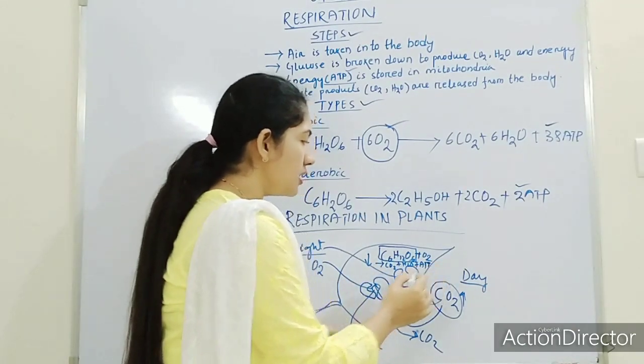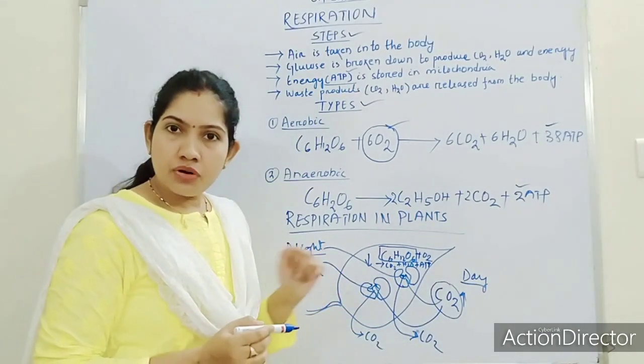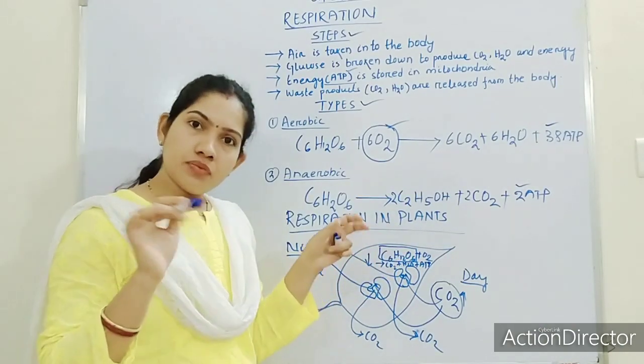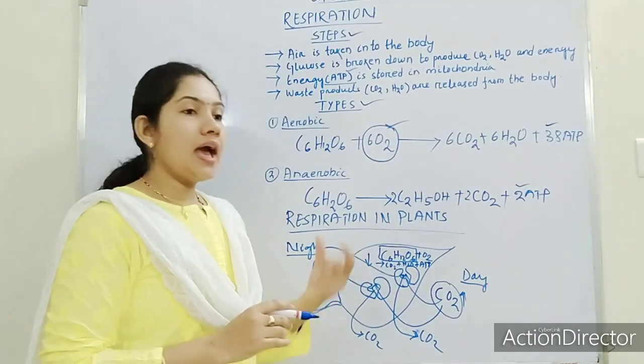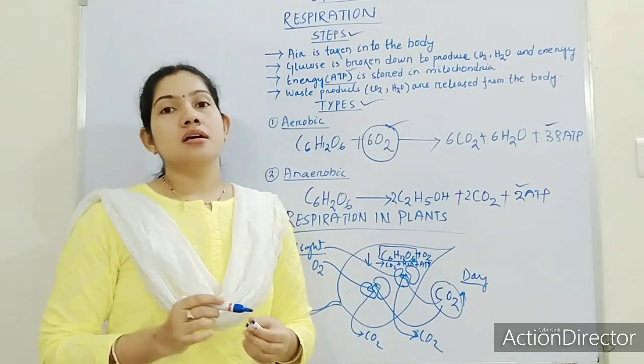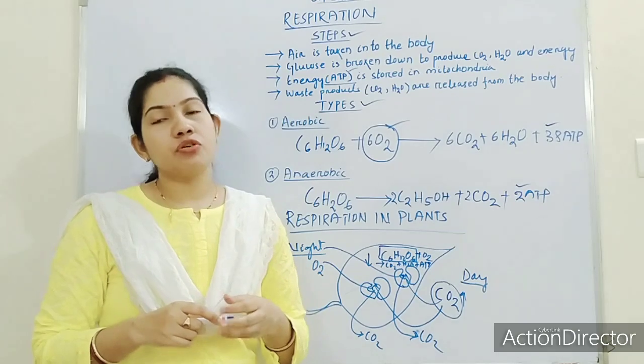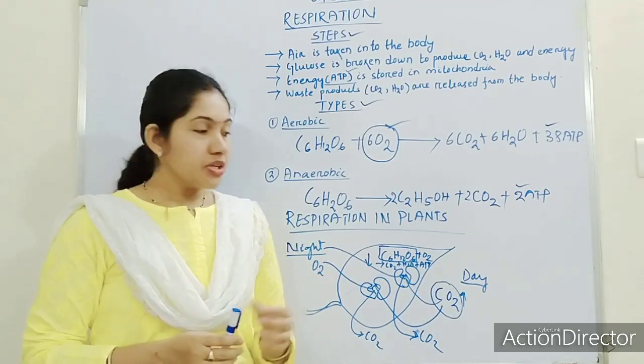This carbon dioxide will be released out from the leaf. Water will also be released out from the leaf in the form of water vapor, and the energy is utilized by the plants for their growth. So this is all about respiration in plants.